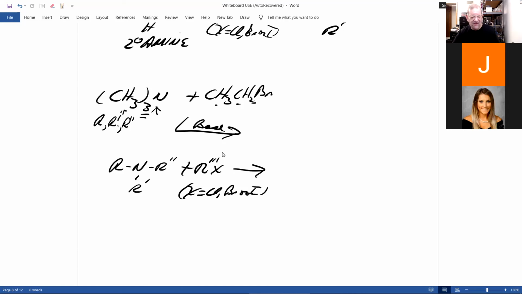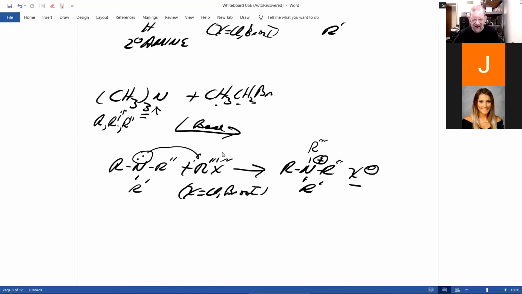And when you react it, this goes here, kicks this out, but because both electrons come from the nitrogen in a quaternary ammonium salt, it doesn't matter which side R prime and R triple prime are, you'll have a plus charge here and you'll have the anion.